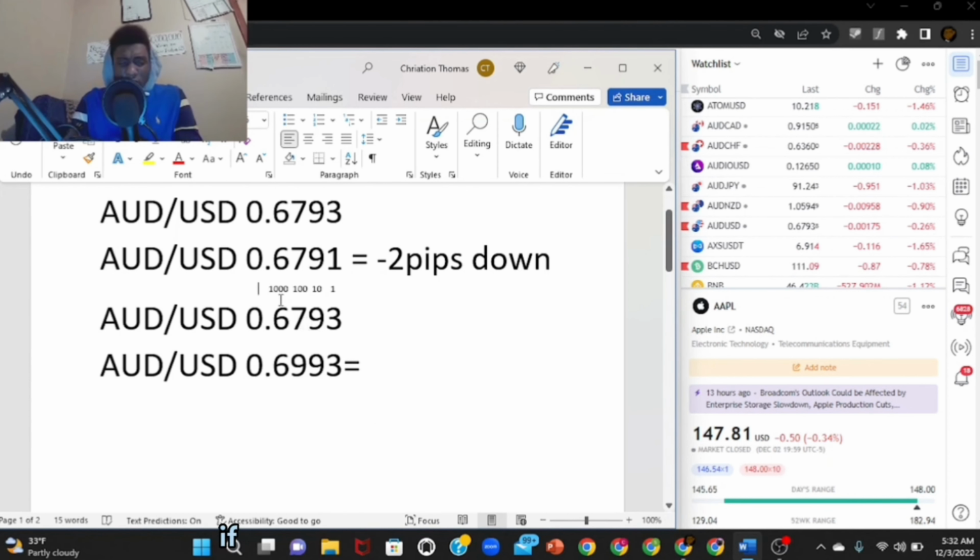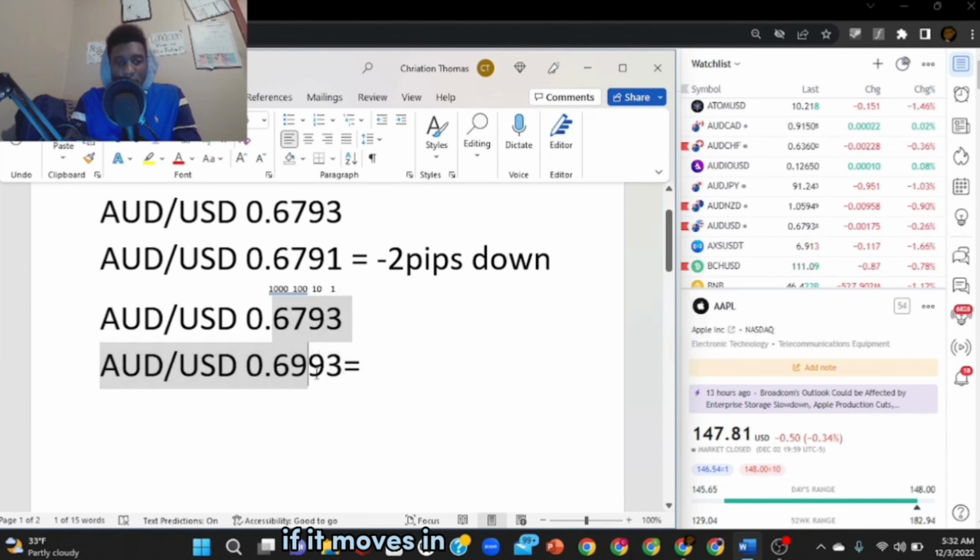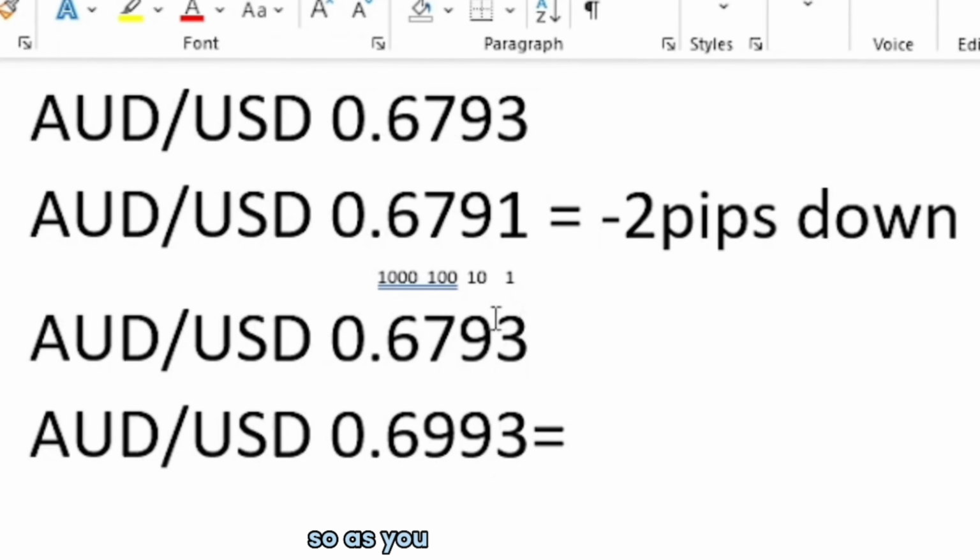If we go 4 decimal points over to the right, this will be the ones column. If it went up or down here, it would only be a single digit. If it moves in the next column, then we know it's 10 to 90. Then there are the hundreds, and then the thousands.